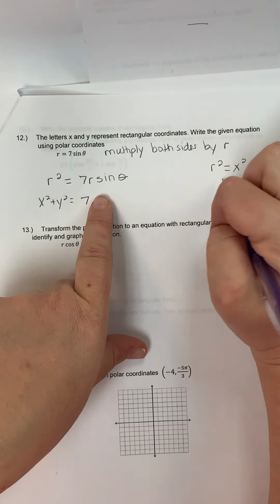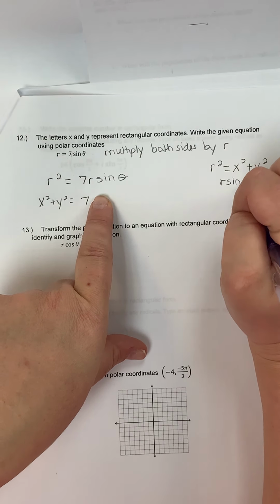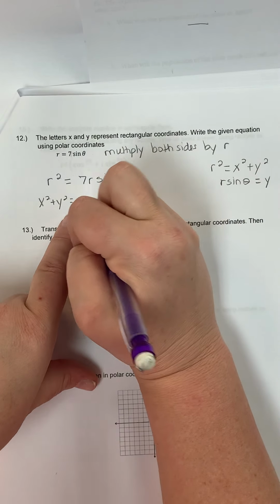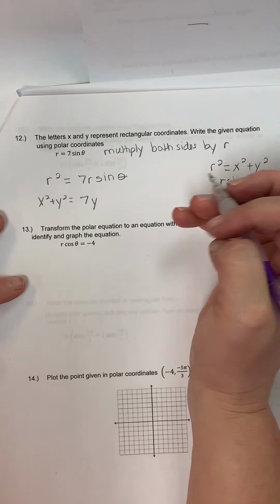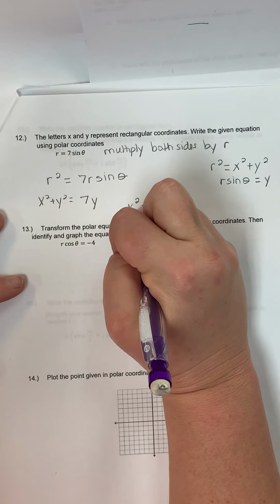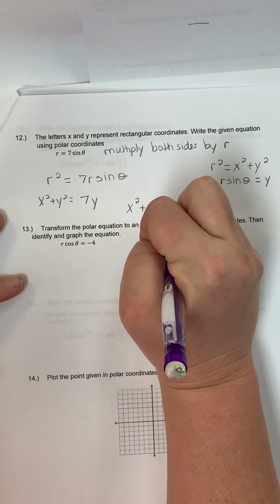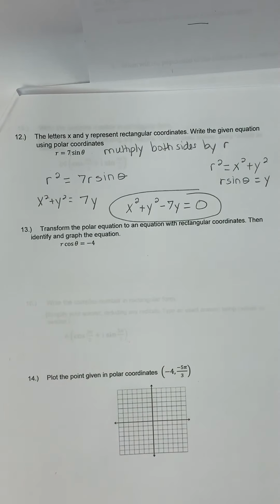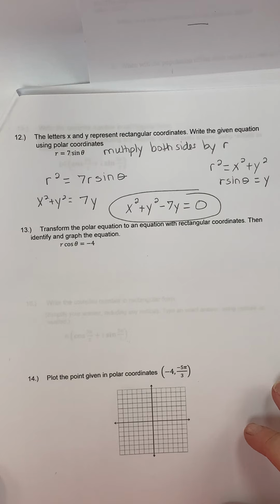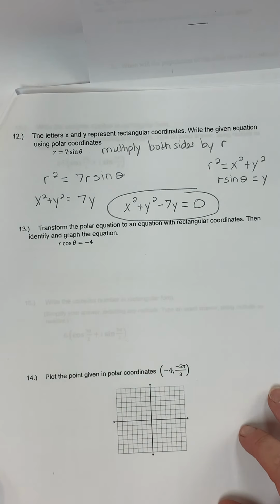And remember what r sine theta equals: y. Now we want all these x's and y's on the same side, so I'm just going to subtract 7y, set it equal to 0, and there's my rectangular equation. That's easy enough.